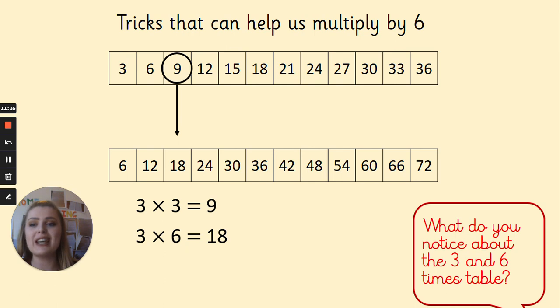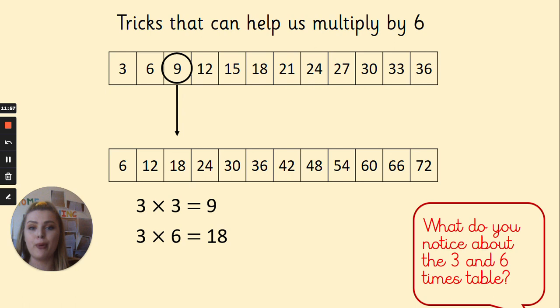Have you noticed what I've spotted? 9 times by 2 is 18. We are doubling our answer. And 6 is double 3. So because this is getting 2 times bigger, our answer is getting 2 times bigger.